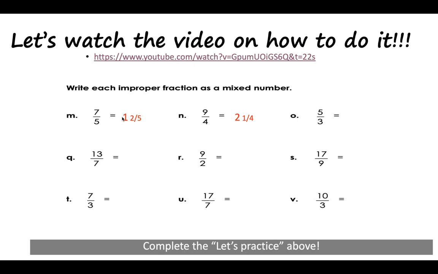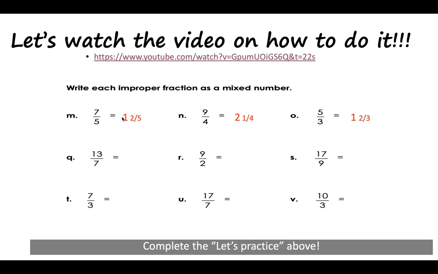How many times does 3 go into 5? For the 5/3. 3 goes into 5 one time with 2 left over. I put my 2 over the original denominator, 3, and I get 1 2/3. 13/7. How many times does 7 go into 13?